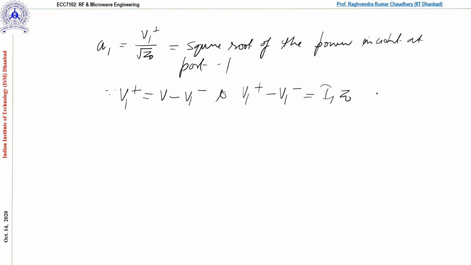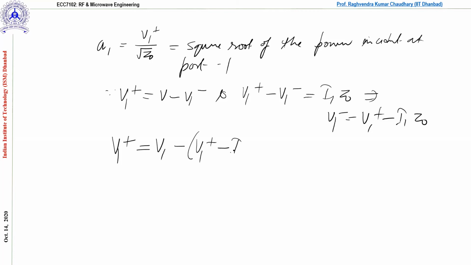Or we can also write V1 minus is equal to V1 plus minus I1 Z naught. Fine. Now if you rearrange this, you can write V1 plus is equal to V1 plus I1 Z naught over 2.